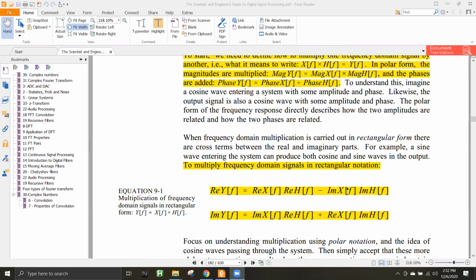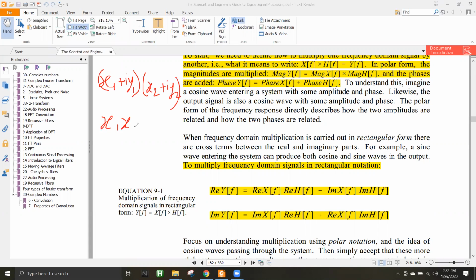You can actually go through the derivation if you want, but the ultimate result will be this. It is easier to remember this than go through the derivation every time. But if you want to find the derivation, then simply try to do this multiplication and see what you get.